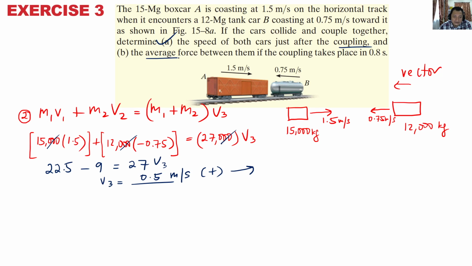Next will be the average force between them if the coupling takes place in 0.8 second. So we've done part A. Now let's do part B, the average force.